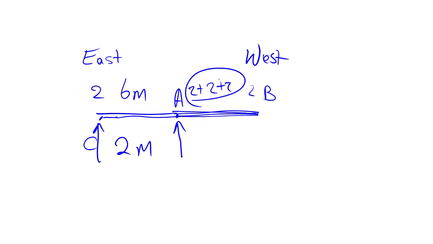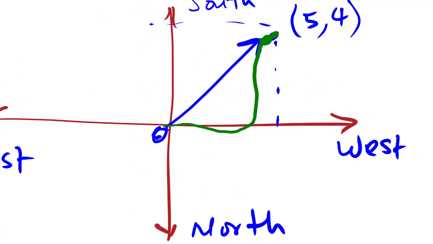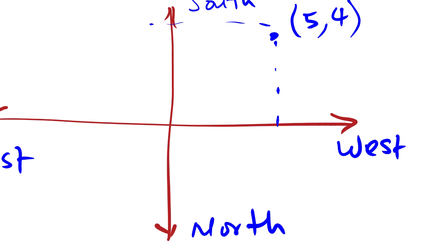So there are many ways to calculate displacement. For example, suppose an object started from this 0 and moved in this direction to point, let's say 4, and moved in this direction, let's say this is 5, and moved in this direction, let's say here is 4.